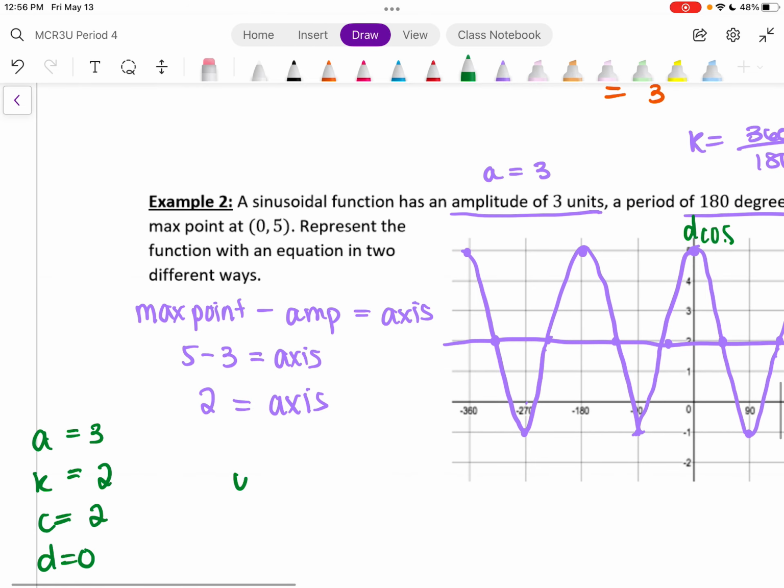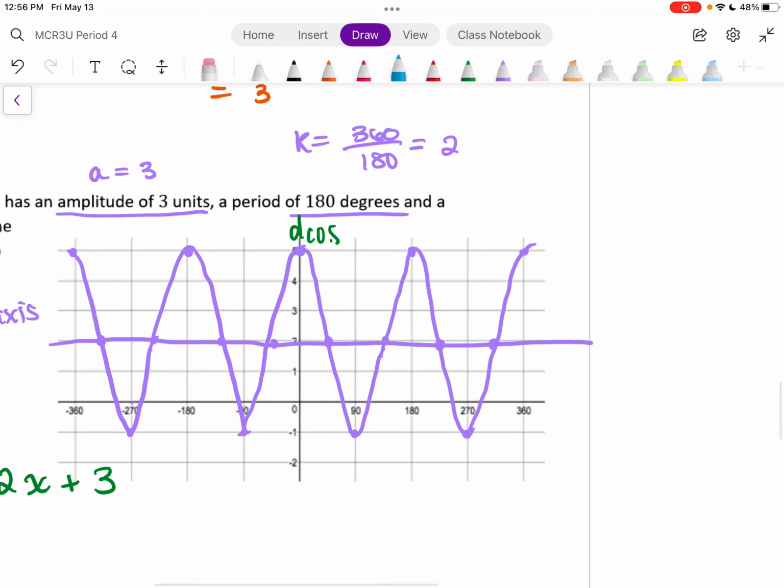So we're going to write it as y equals 3 cosine 2x plus 2, right? And the reason I'm not writing anything in brackets in the middle is because I don't have any horizontal shift. But I do have a horizontal shift with sine. So if I go back here, I'll see that my sine function, the closest start point to the y-axis is here.